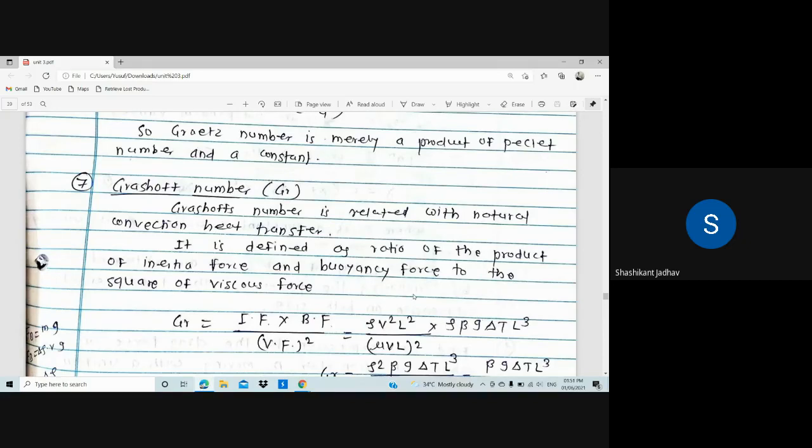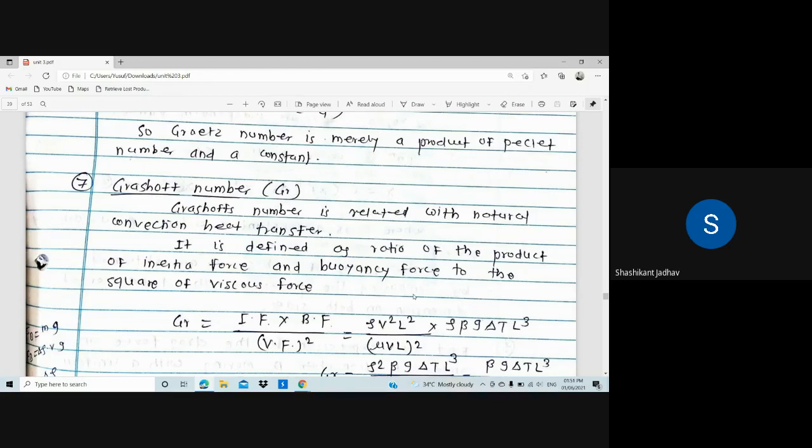All of you write down: Grashof number is related with natural convection heat transfer.